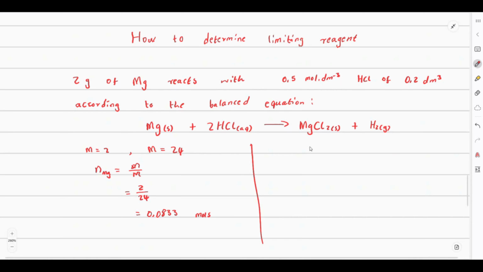Then you also find the number of moles of the HCl on this side. What do you have here? You have the concentration, which is 0.5, and the volume, which is 0.2.